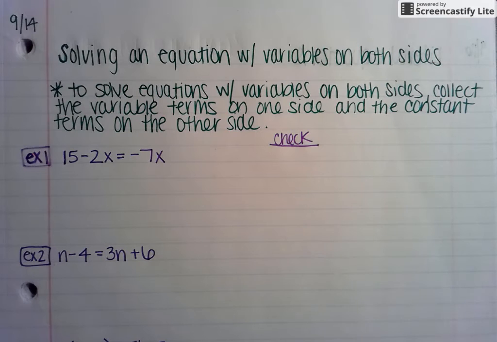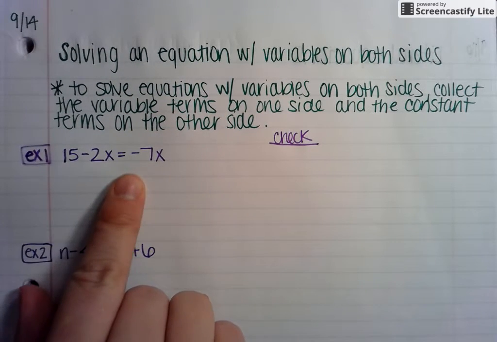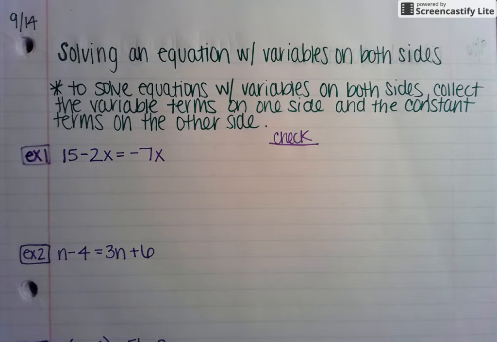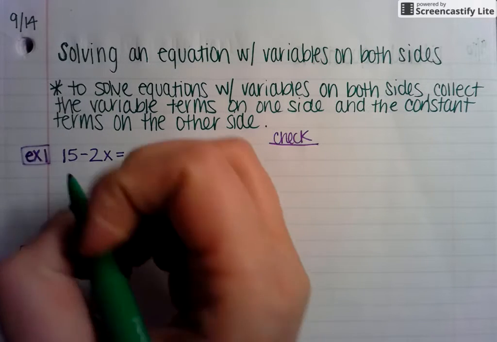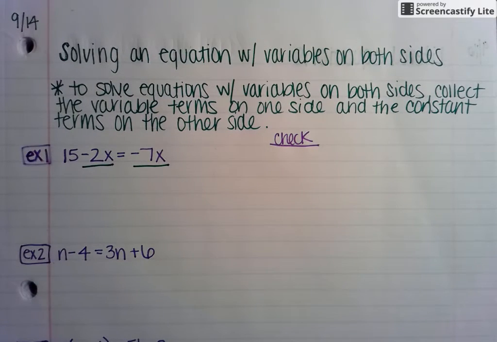So for example, we have 15 minus 2x equals negative 7x. So we want to get the variables on one side, the numbers on the other. Well, if you notice, negative 2x and negative 7x are like terms.